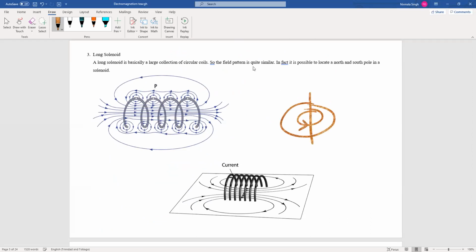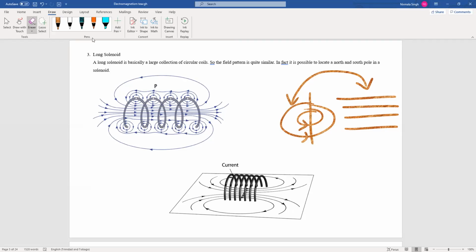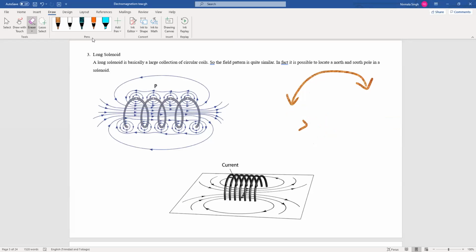I don't want a circular magnetic field. Fleming's left-hand rule and right-hand rule operate on the premise that we are moving in straight lines. So how on earth are we going to get straight lines from a circular magnetic field? What we do is introduce multiple wires into a solenoid.